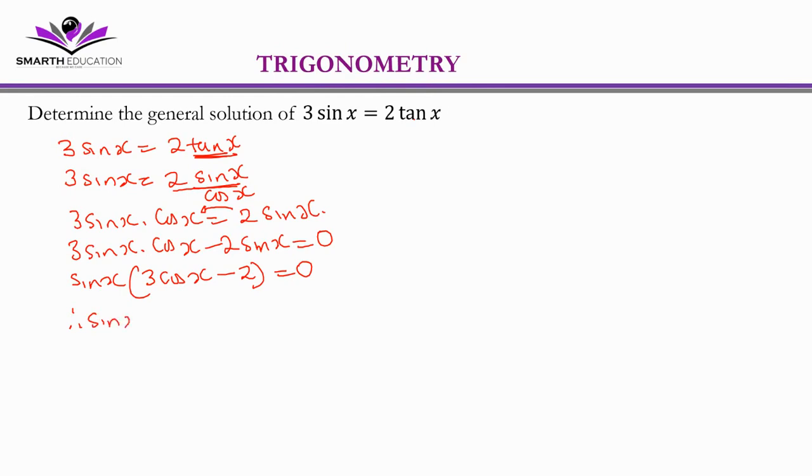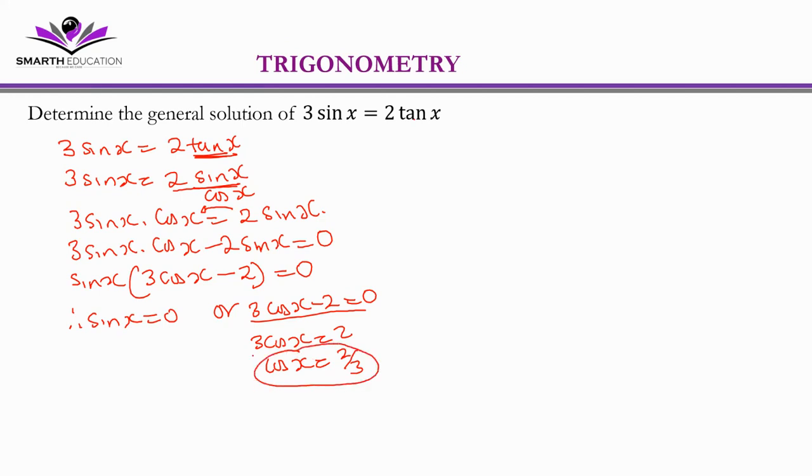Therefore, sine x is equal to 0, or 3 cos x minus 2 is equal to 0. From this one, 3 cos x is equal to 2, so cos x is equal to 2 over 3 after dividing by 3. We're going to use these two to find our reference angles.